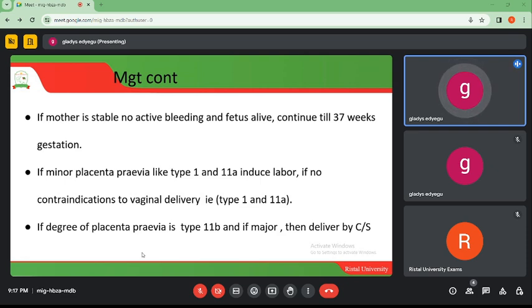So if the degree of placenta previa is type 2B, and major, then deliver by C-section. Type B is very dangerous, it is the one which is posterior, and the baby can easily separate that placenta. Then type 2A is where it is anterior, and the baby can easily escape and she can deliver normally, vaginally.